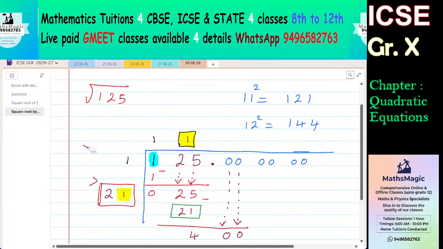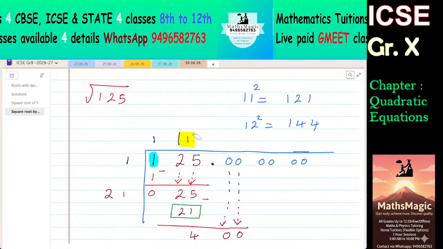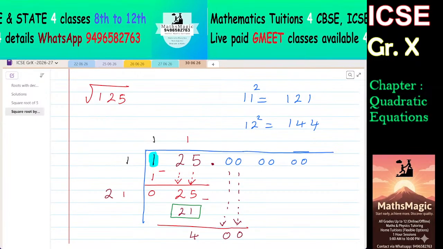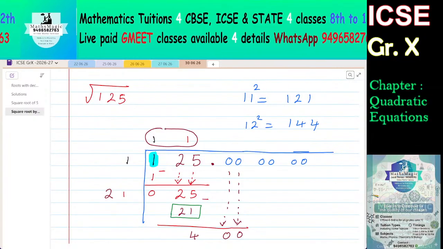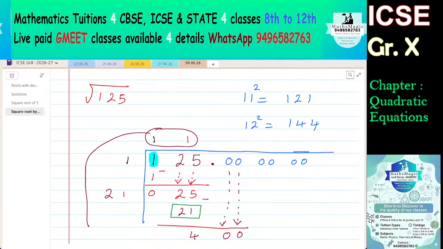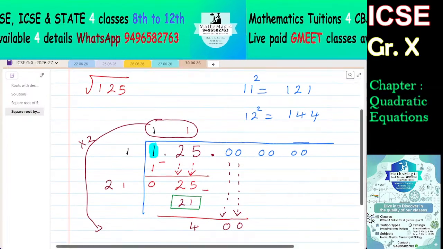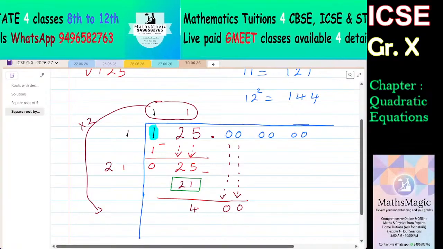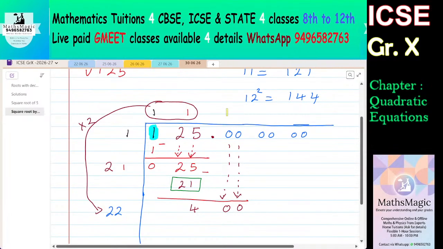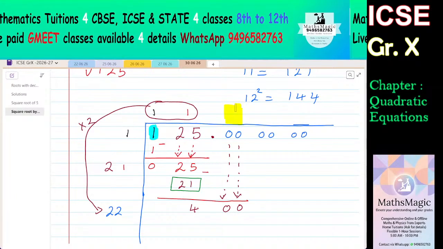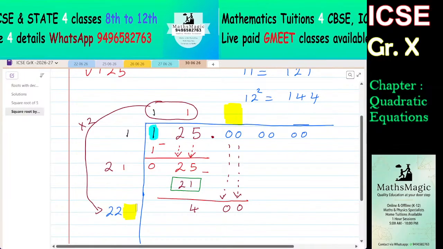Now the next task. What we are going to do is as before, but now we will consider these two and bring it down here, multiply it by 2. So that will become 2, 2, and as before, we need to put a space here. So we need to find again the same procedure.